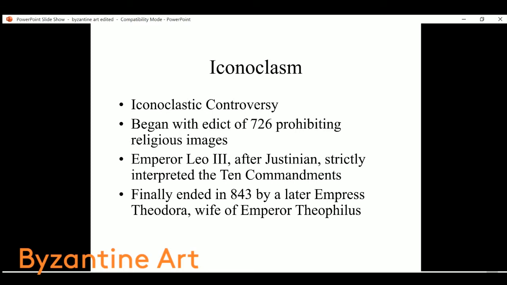Meaning here, through these icons, people are misled to believe in strange miracles of energy that can heal the physical and spirituality. So this deviation is similar to the pagan ritual actually, right? And it finally ended in 843 AD by the later Empress Theodora, the wife of Emperor Theophilus.